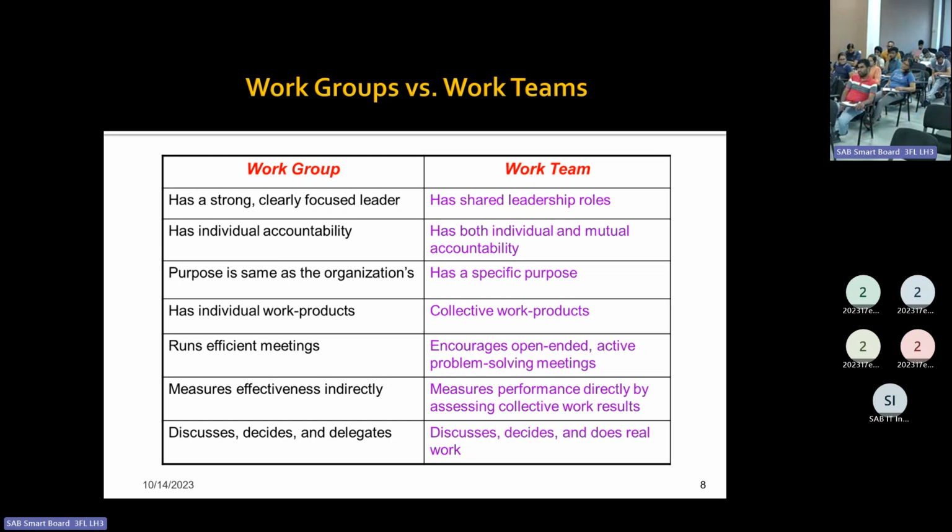Then task completion or work product is the next criterion. Similar explanation can be given as mentioned above. The work product of a group should be performed individually, personally, not collectively. But the work product, the task completion, should be done in a team, collectively, mutually.